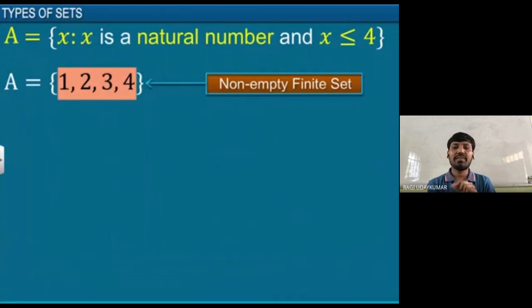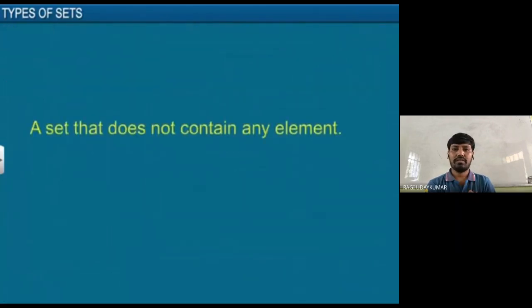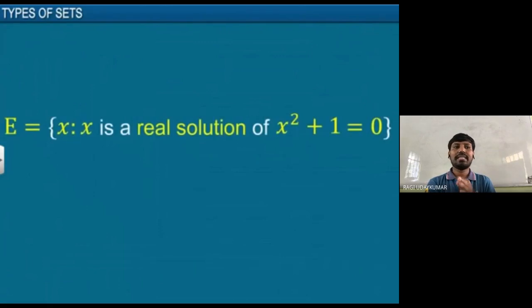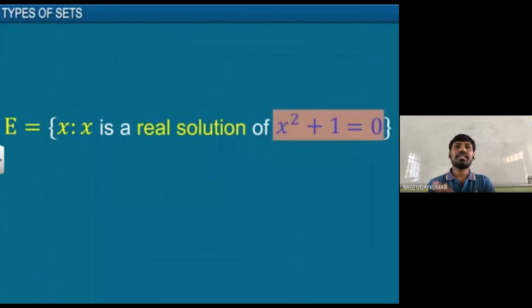Finite means that the number of elements in a set is countable. A set that does not contain any element is called an empty set. Suppose you see this set builder form: x such that x is a real number and x square plus 1 is equal to 0.